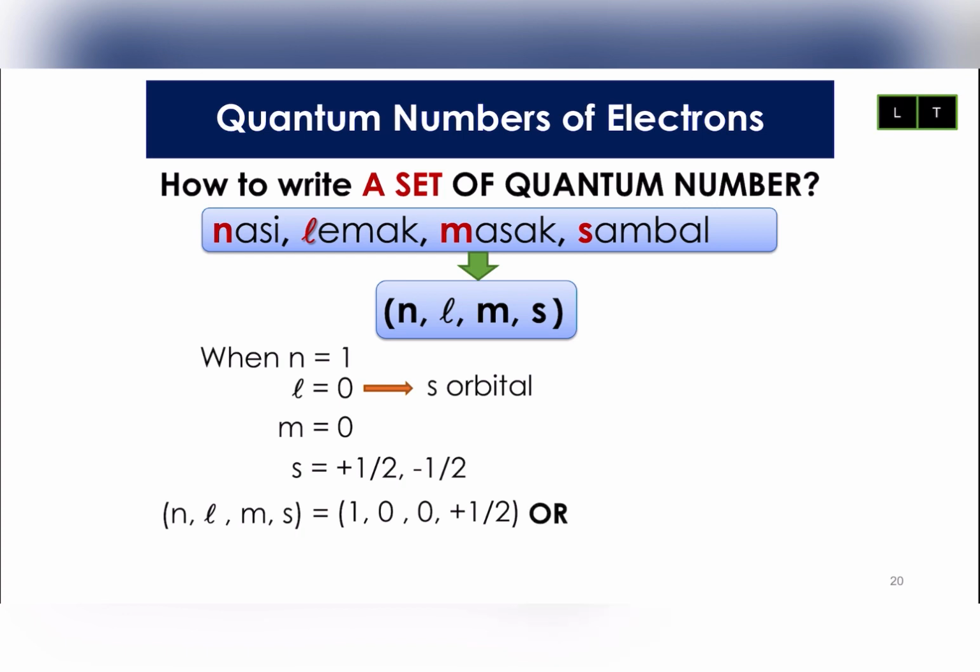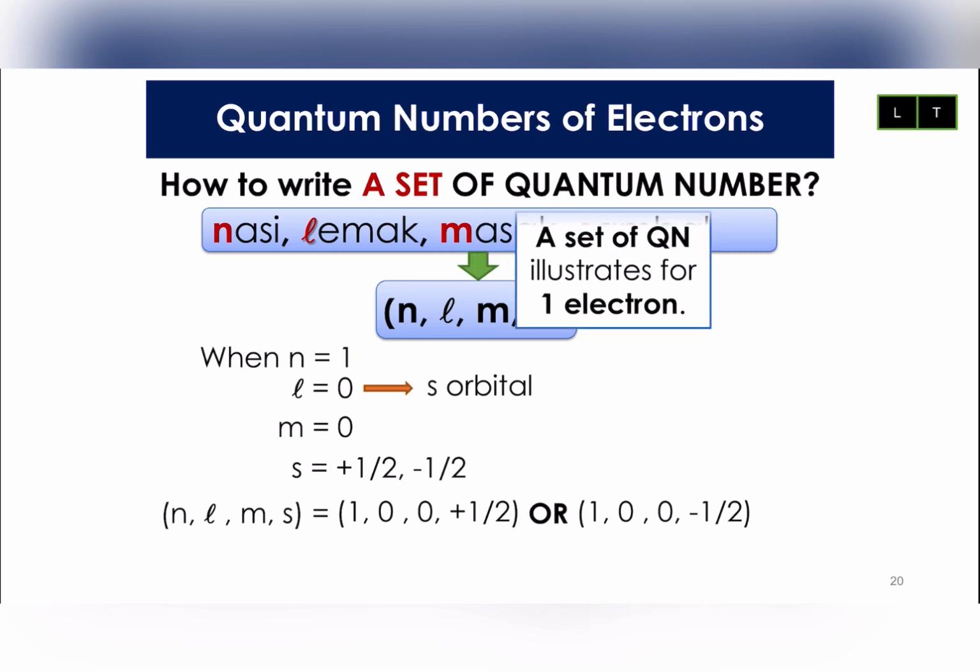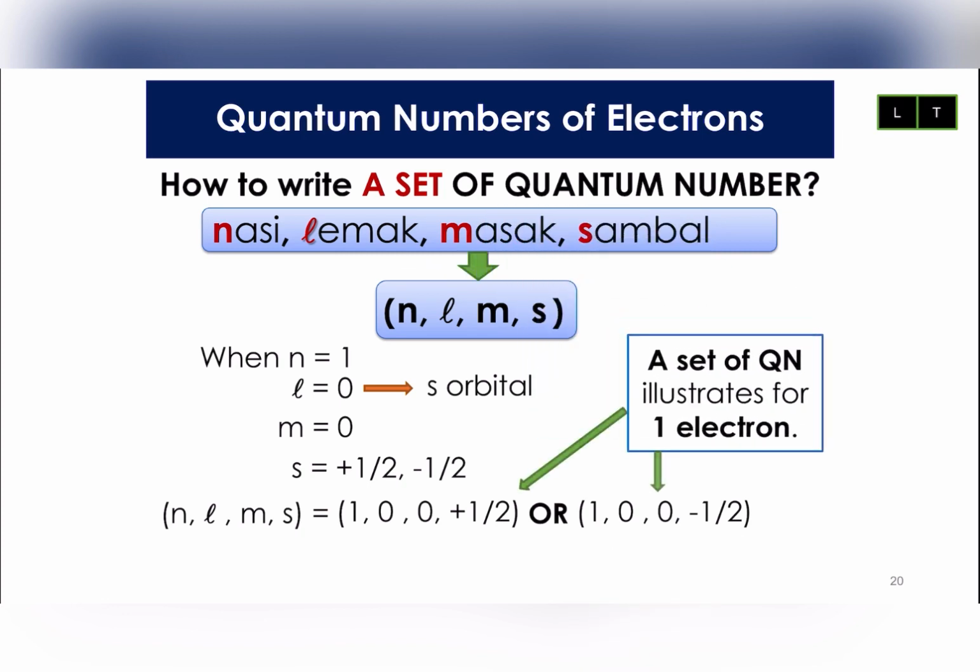You can write it down as another set of quantum numbers. So how many sets of quantum numbers do you have here? You have 2. A set of quantum numbers illustrates one electron. As I mentioned before, one orbital can hold a maximum of 2 electrons. So for the s orbital, 2 electrons, because there is only one orientation here. That's why you have 2 sets of quantum numbers.